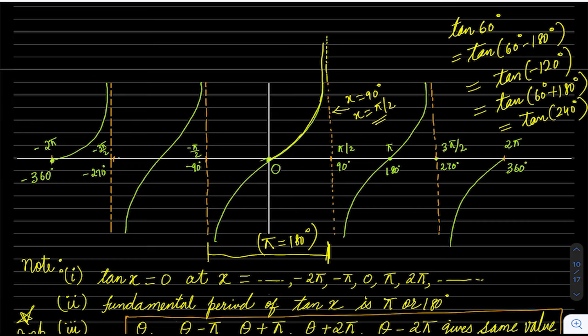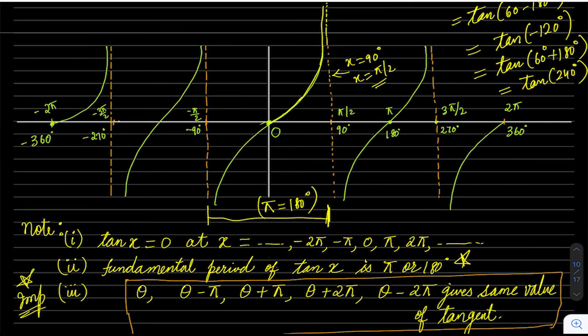So tan 240 degrees, tan minus 120 degrees, and tan 60 degrees will give you the same value. You can use a calculator to check this, and you can see it from the graph also. I don't want to draw any more, otherwise it will be very complex. So that's a use of period, the best application of period. There are other applications also.